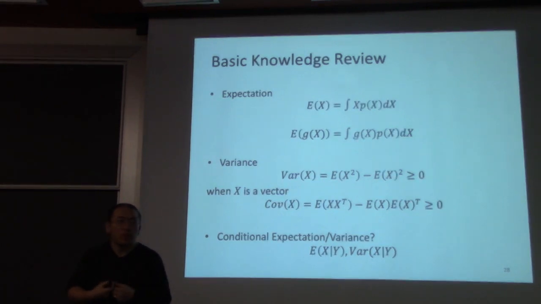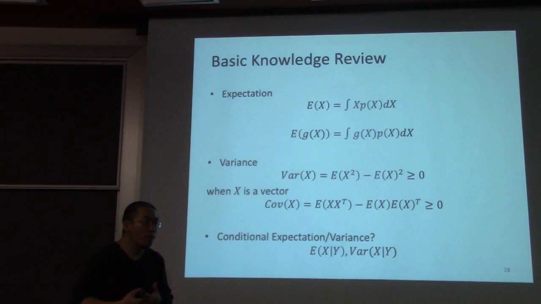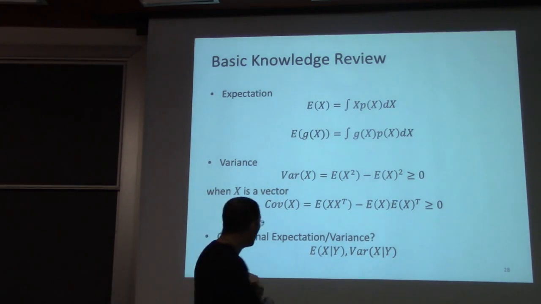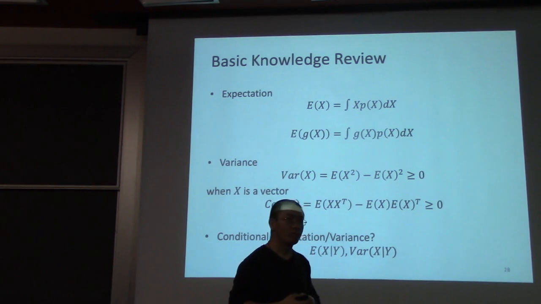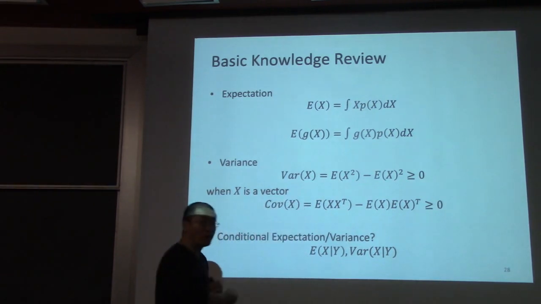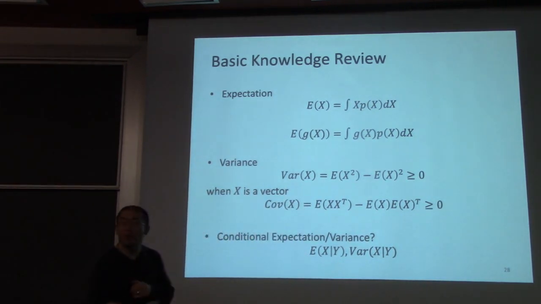Should it be treated as a random variable? It depends on y. It depends on y, so it is a random variable. Don't be confused at this point. You're right, it must be a random variable.